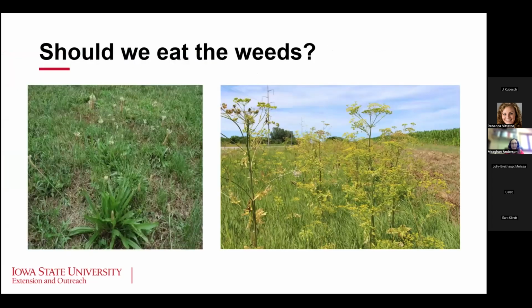And so I want to leave you with this before I give you your resources, which is can we eat the weeds? Maybe. Should we eat the weeds? In some cases, it's up to you. On the left-hand side of this slide, I have a buckhorn plantain, which can be okay palatability. It could be okay forage.